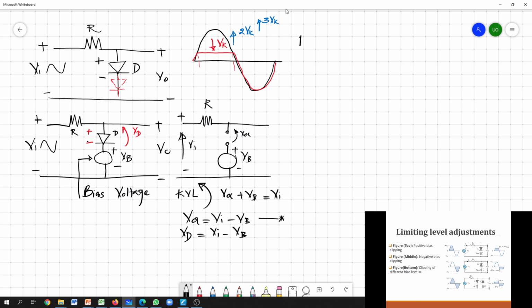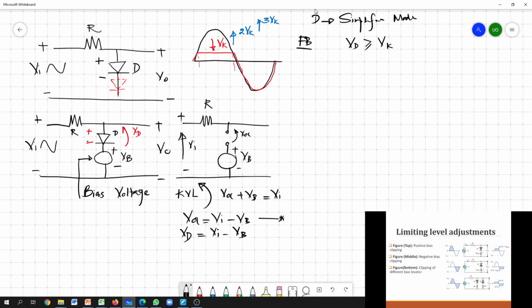So to make this diode forward biased, if we assume that the diode follows a simplified model, then the voltage drop across the diode should be greater than or equal to the knee voltage.